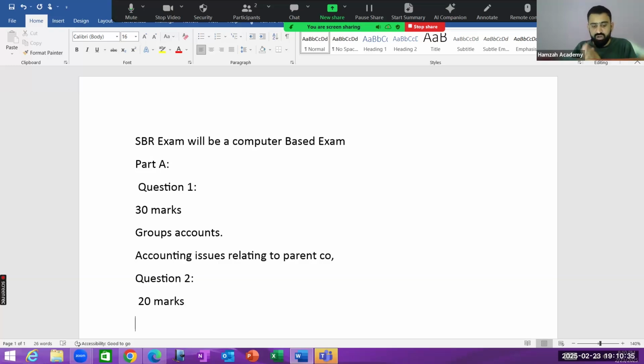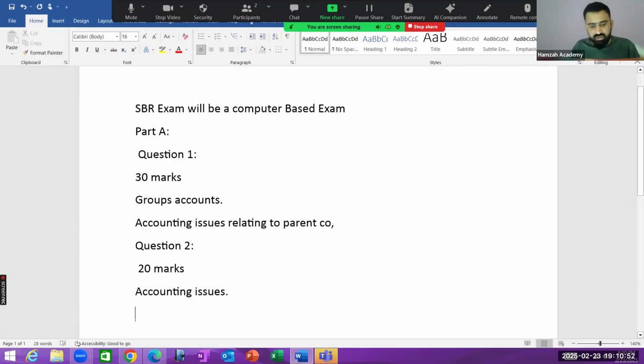In this question, the focus will be on accounting issues relating to IFRS accounting standards, and there will be an ethical aspect as well, which would be tested. And this area will consist of 20 marks.